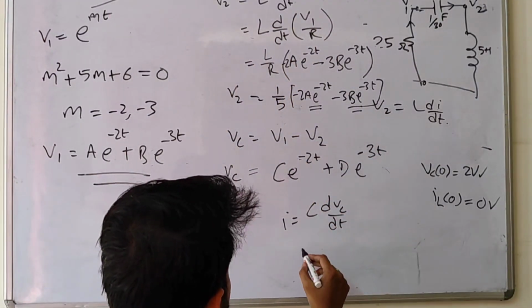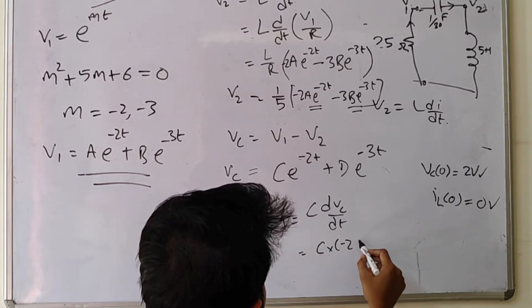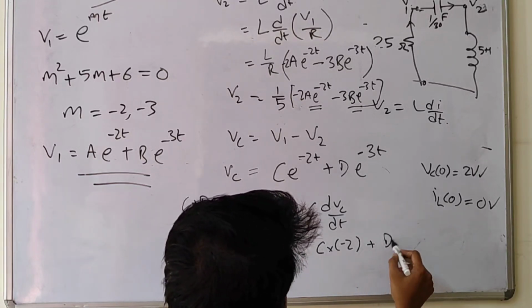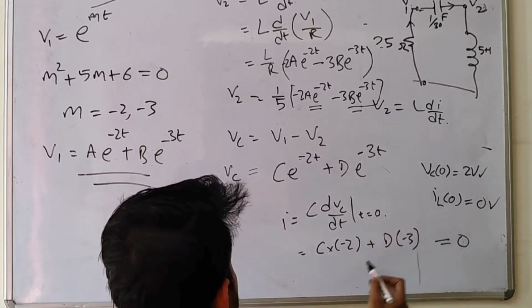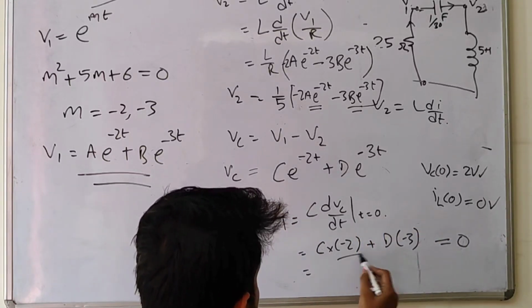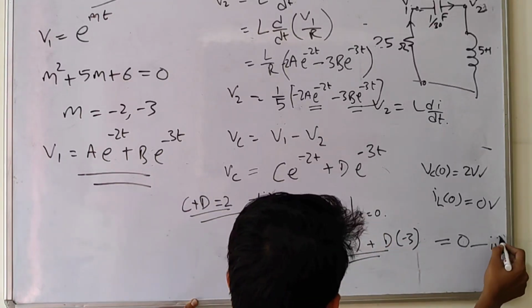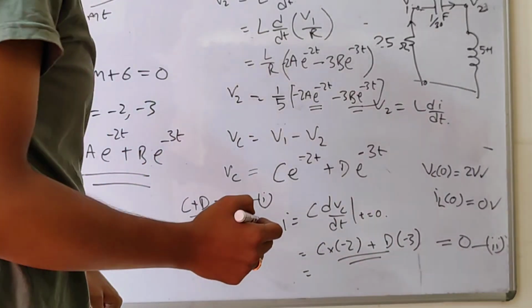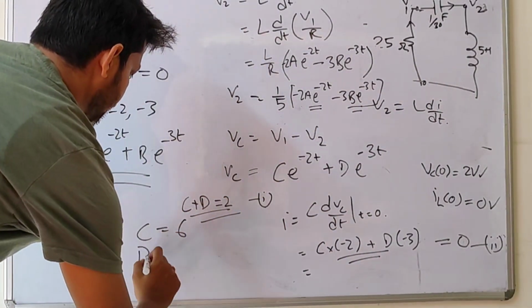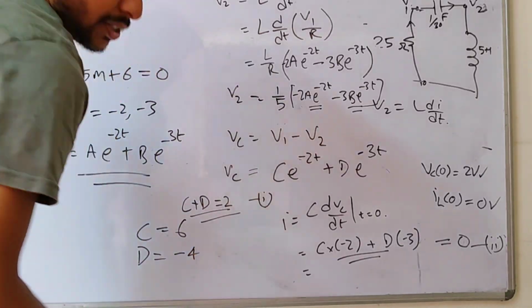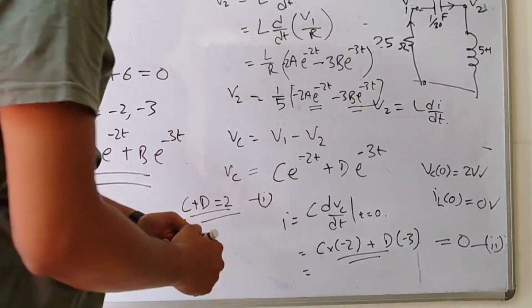If I take the derivative of this, C into -2 plus D into -3 has to come to 0 at t equal to 0. So you solve this equation and this equation, and you'll get your C and D values. It will turn out that C is equal to 6 and D is equal to -4. So you plug this in here and then you get the answer.